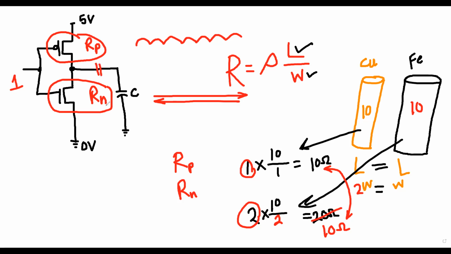So if you want to make RP and Rn equal, how many ways can you do that?